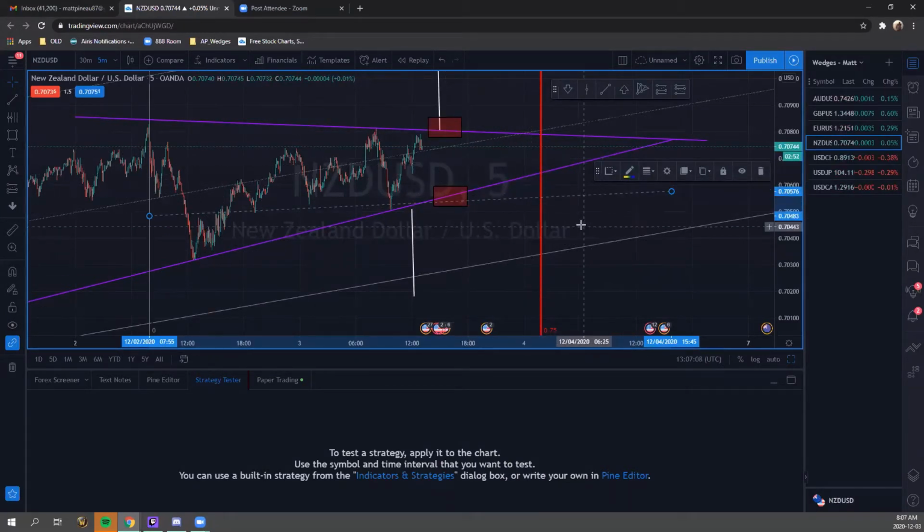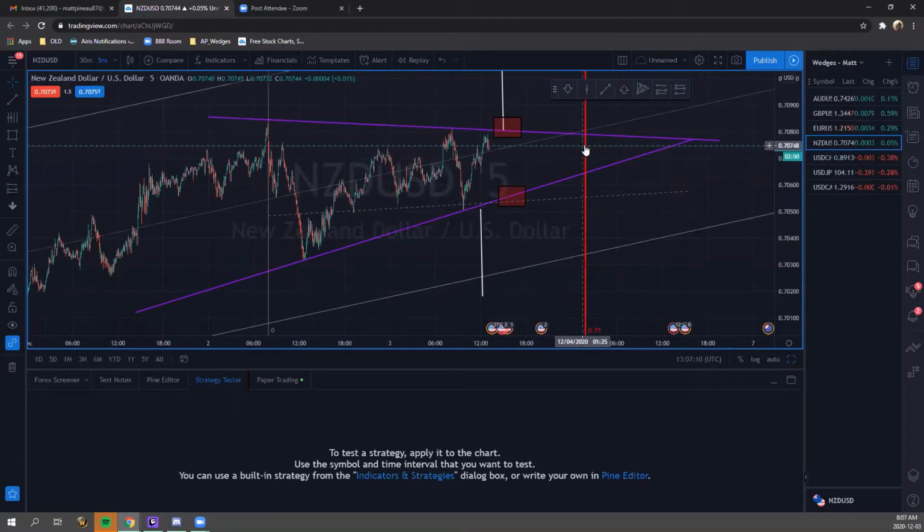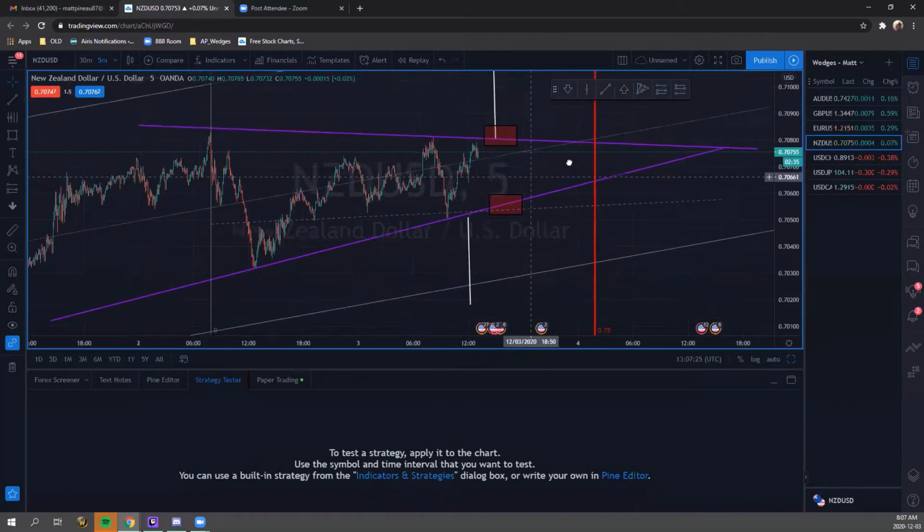And because this is NZD USD, we're looking at 5 minute. Where's our time here? So it's going to break before tomorrow, I guess.